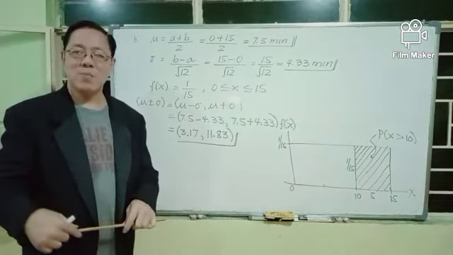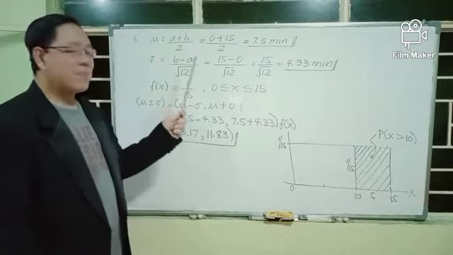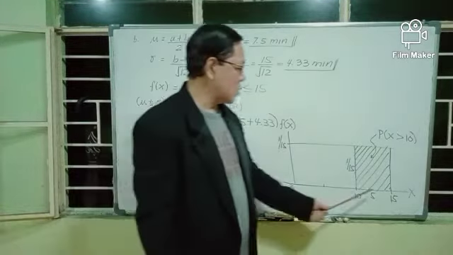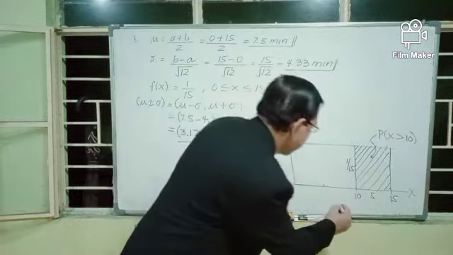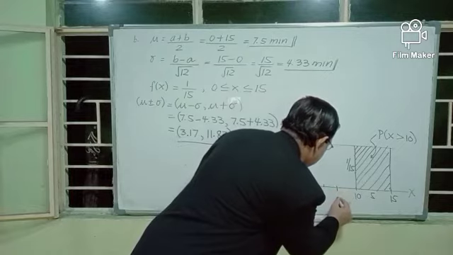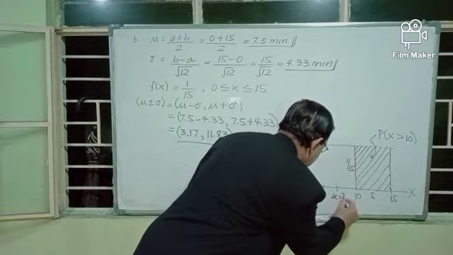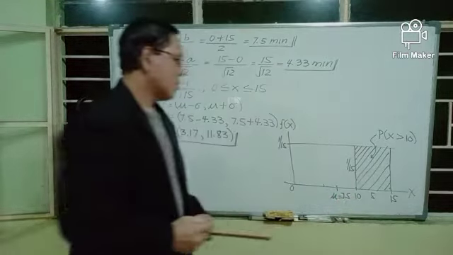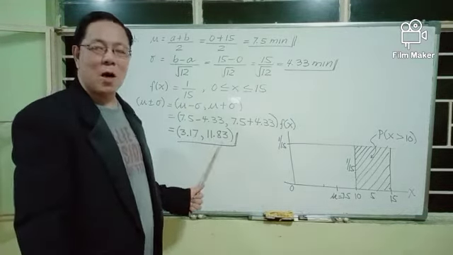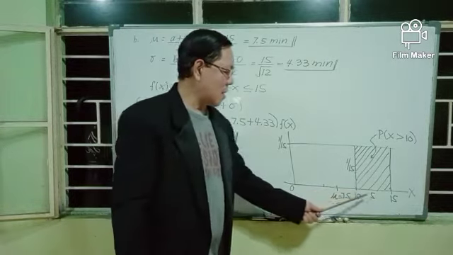We are also asked in letter B to plot the mean, and the mean is the midpoint of the line interval from 0 to 15. Now we plot the endpoints 3.17 and 11.83 on the horizontal axis. And this is 5 units, this is 10 and 15.